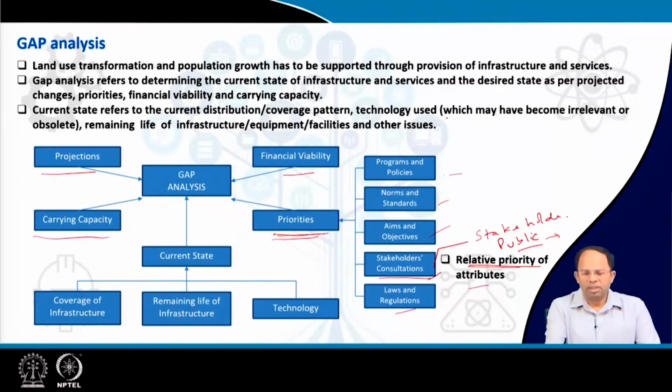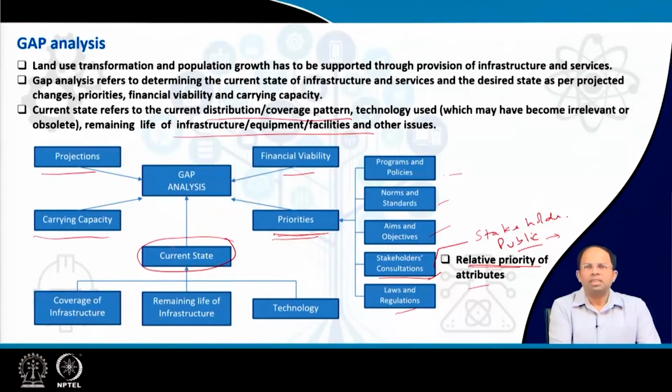Now, a technology which is used currently may have become irrelevant and needs to be updated, so it has become obsolete, we need to change it. Or the current distribution or coverage pattern has a certain focus, but we now want to change that distribution pattern. Or some infrastructure has already reached its remaining life, so that also needs to be considered. So all this determines the current state of the infrastructure.